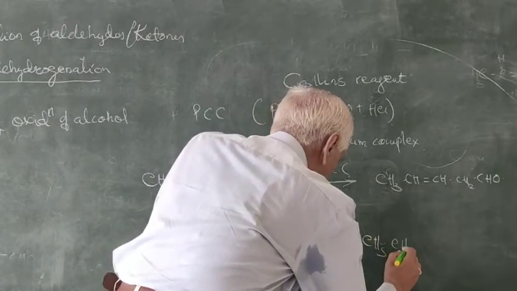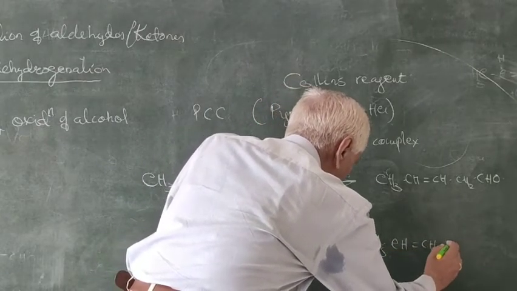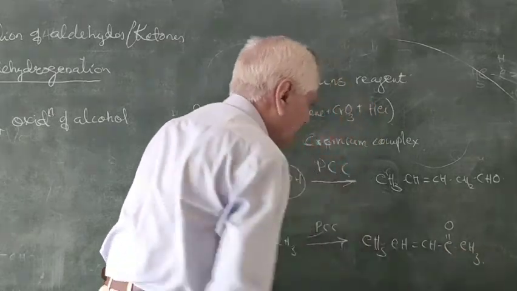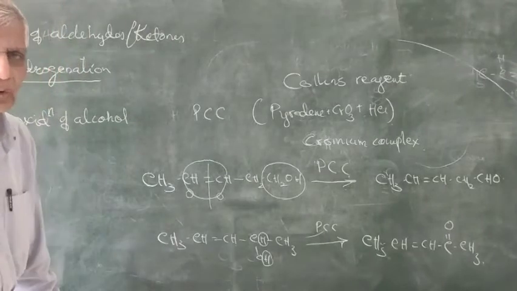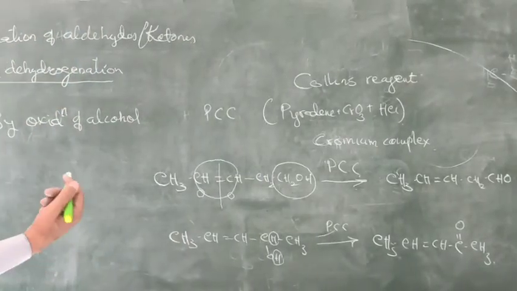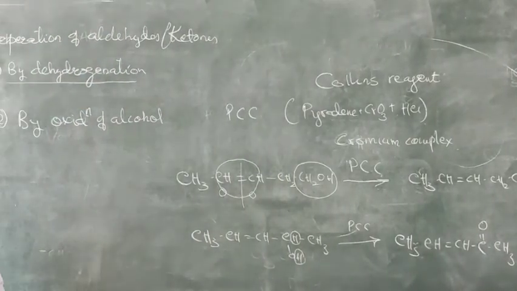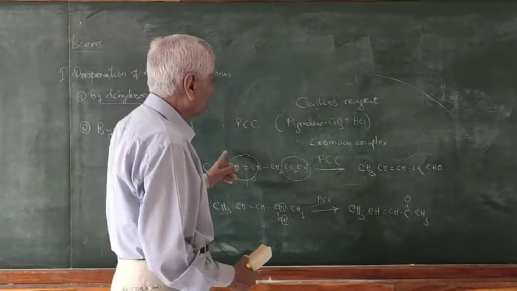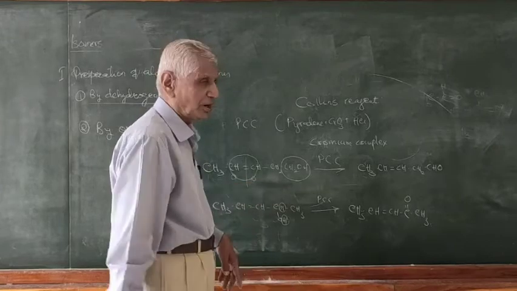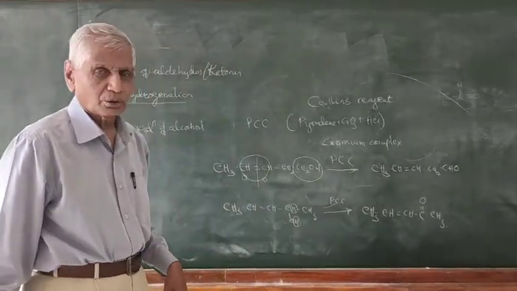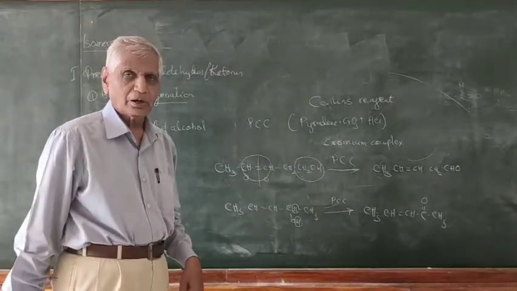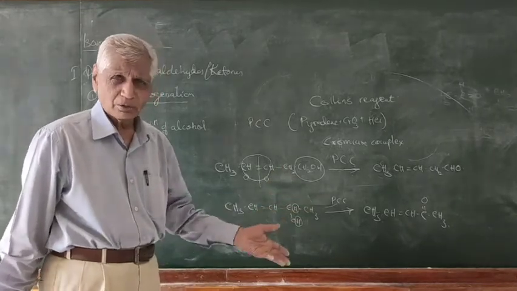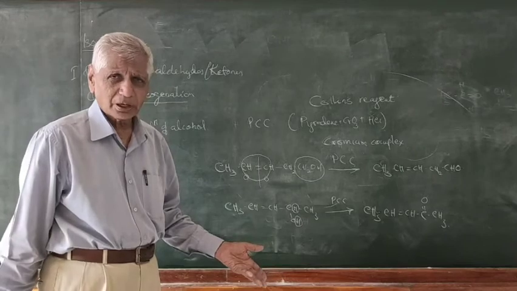So that is how you are getting the compound. So by using PCC, unsaturated primary or unsaturated secondary alcohol can be converted into unsaturated aldehyde or unsaturated ketone. Follow?